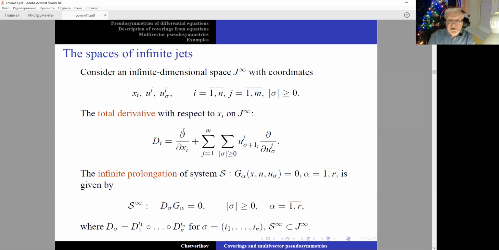The infinite prolongation of system S of this form is given by an infinite set of equations. Then the infinite prolongation of system S is a subset of the infinite jet space.